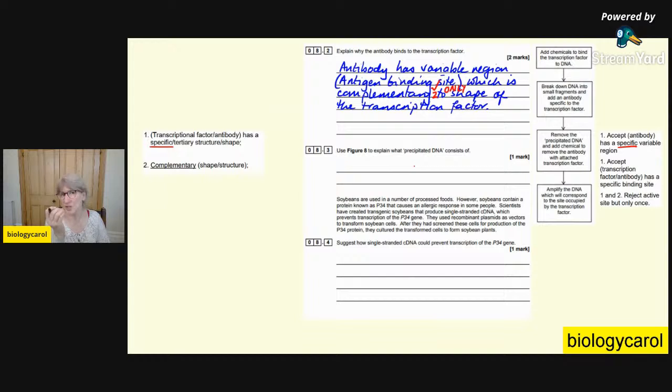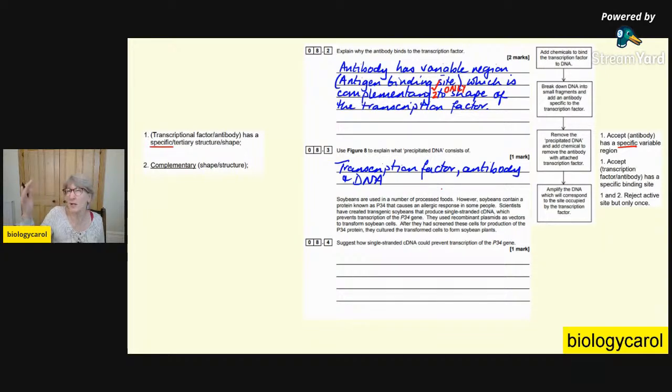Because using that word only means exactly the same as saying it's specific. It only binds to one thing. That is the definition of specific. So, I didn't get it. Not terribly worried.